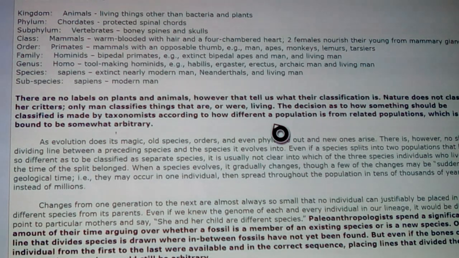So as evolution does its magic, old species, old orders, and even phyla die out and new ones arise. There is, however, no sharp dividing line between a preceding species and the species that it evolves into. Quite often there are changes that are almost unseen.